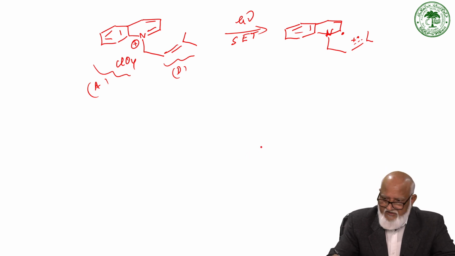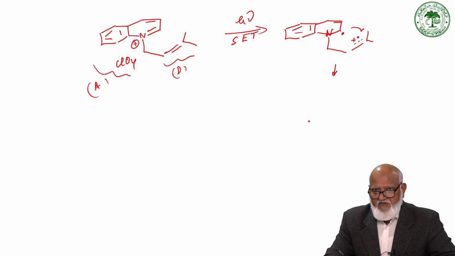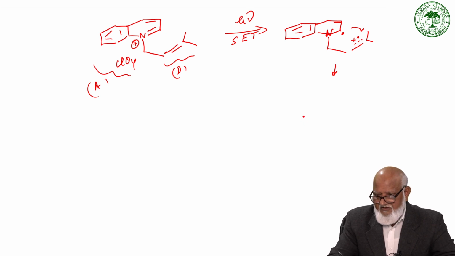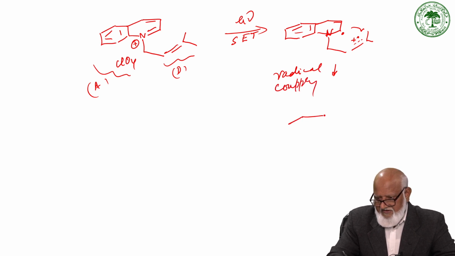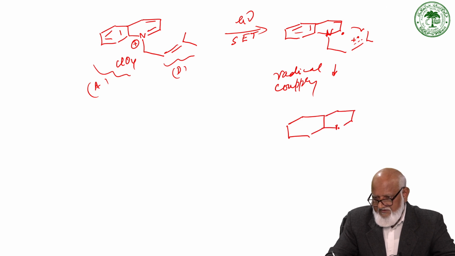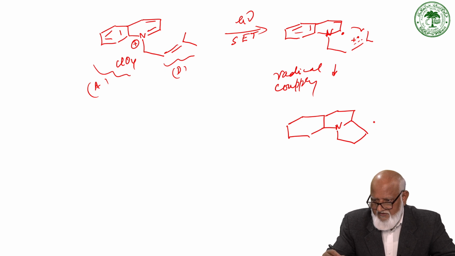Now this has been reported to undergo radical coupling to give a cyclized product. So you can see from a bicyclic system we end up with a 1 2 3 4 5 membered ring.